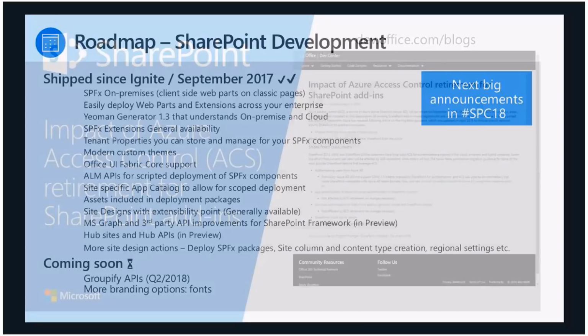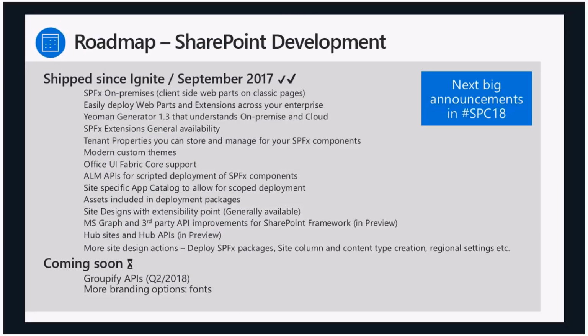Cool. A quick look at the roadmap. We've been having a lot of progress since Ignite. There has been a humongous amount of stuff happening after Ignite. And there is a small new step forward in here, which is more site design actions: deploy SPFx packages, site column and content type creation, regional settings, etc. We'll go through the list of these things in a second.